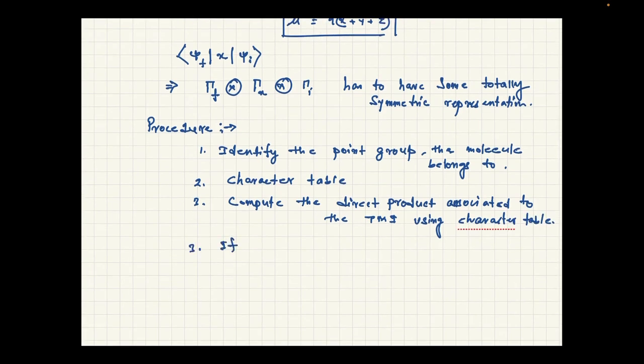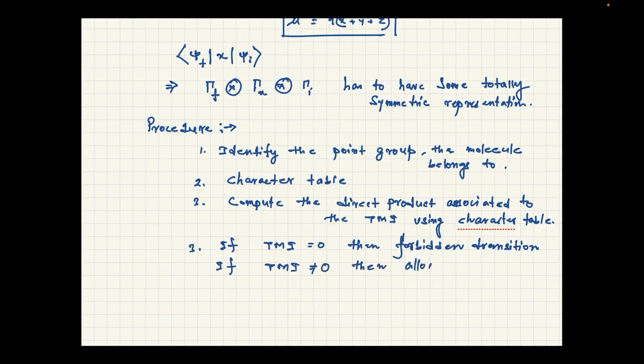If the transition moment integral is equal to 0, then the transition will be forbidden. And if the TMI is not equal to 0, then the transition will be allowed.